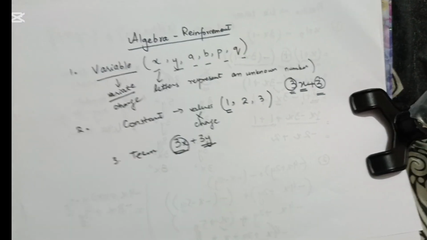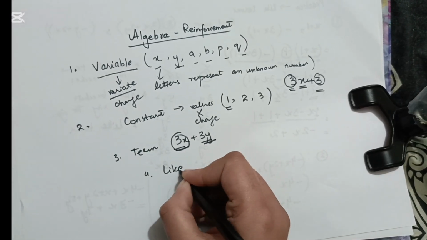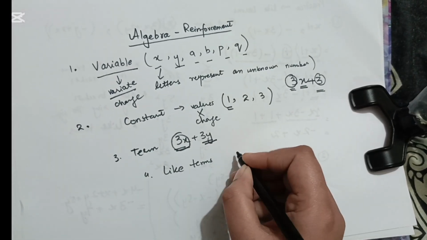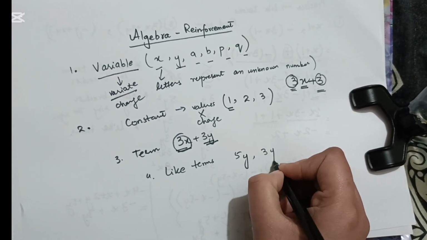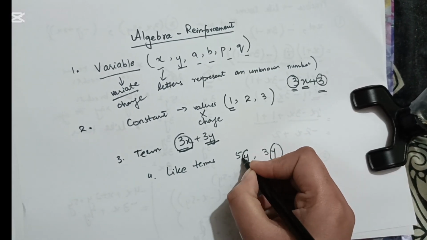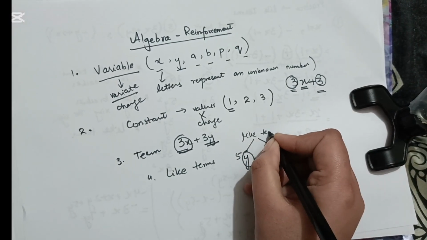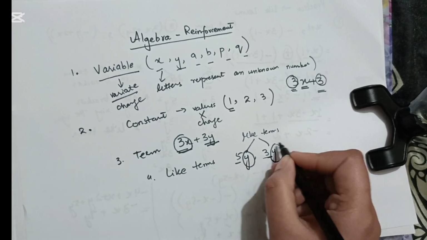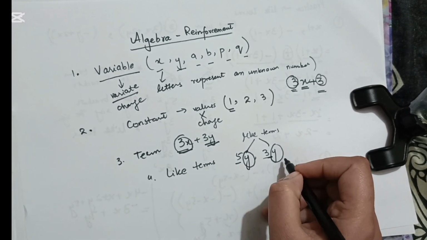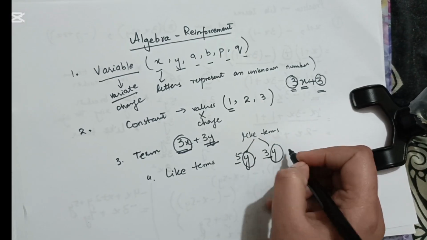Now what are like terms? Like terms are terms where the variable is the same, like 5y and 3y. Ignoring the coefficient, you just see the variable. If the variable is y and y in both, then they are like terms.